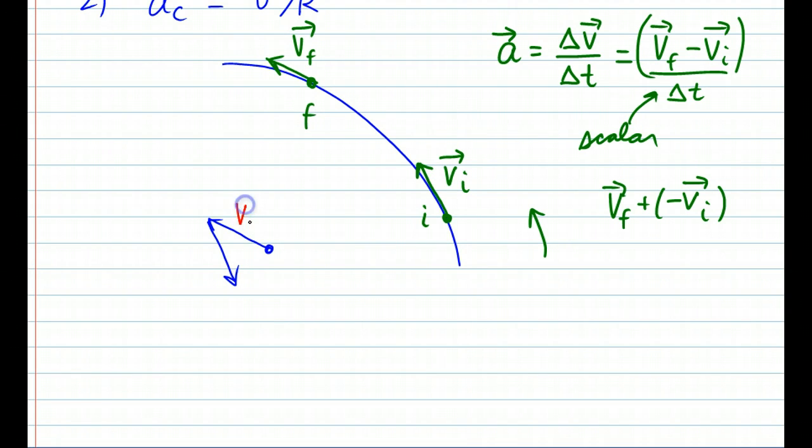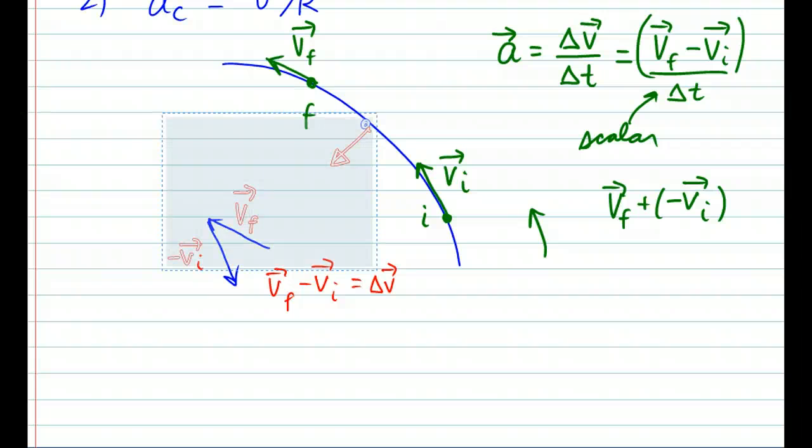So v final and negative v initial, head to tail, or v final minus v initial, otherwise known as delta v, is a vector that points down and to the left. If I take that vector and put it in between, you can see pretty clearly that the change in those two velocities points inward toward the center of the circle. That's our proof that if the change in velocity points inward, then so does the acceleration.